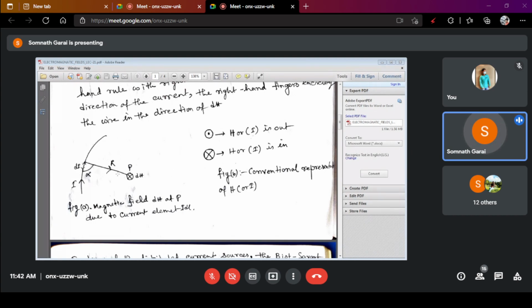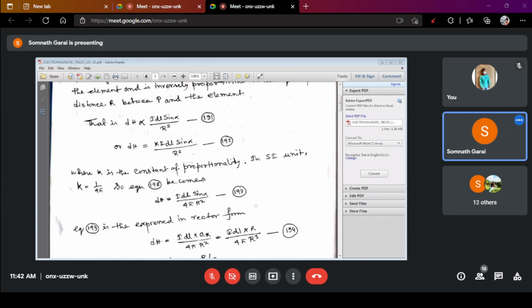From this path dL, at a distance of capital R, there is a point P. Now we have to calculate the magnetic field intensity at that point P due to a differential current I dL, which is R distance away from the point, right?